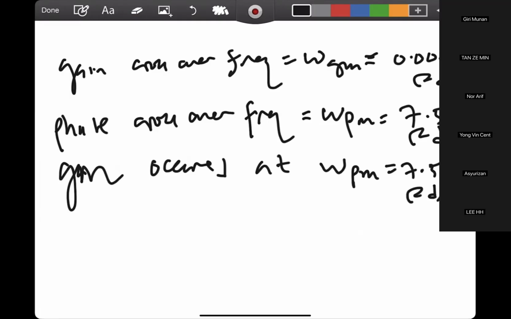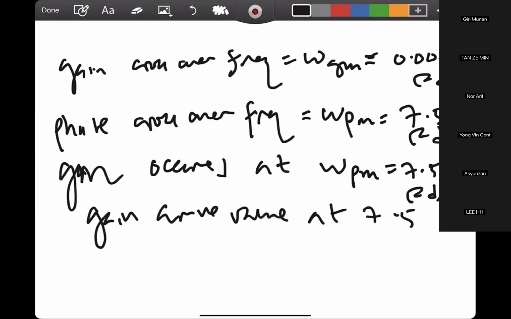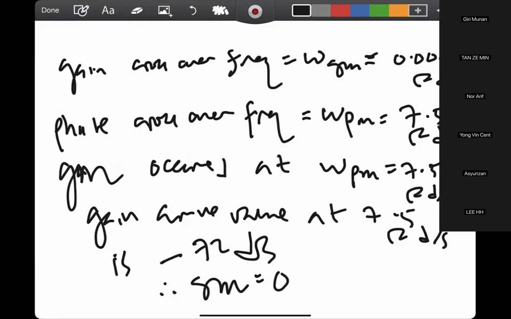So, the gain curve value at 7.5 radian per second is minus 72 dB. So therefore, gain margin is equal to 0 plus 72. Okay.